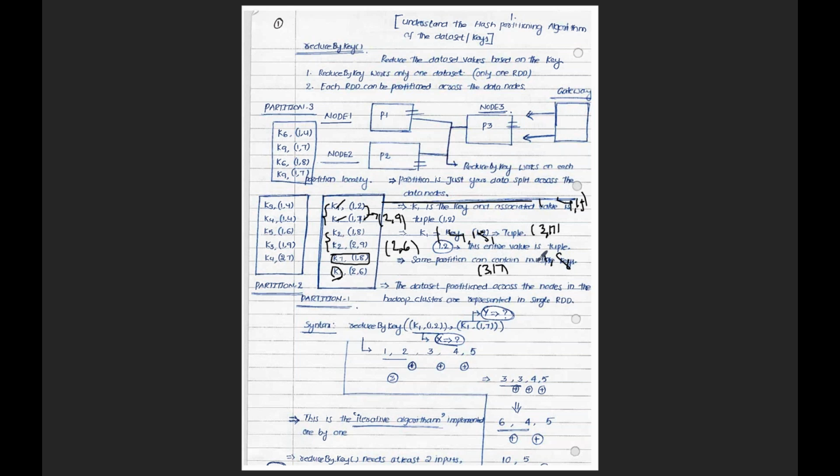This is for this partition. Now work on this partition. In this partition, this is a repeated key, this is a repeated key. So 1 plus 1 is 2. 4 plus 9 is how much? 13. Okay. (2, 13) here.